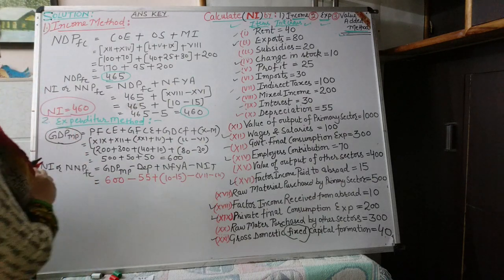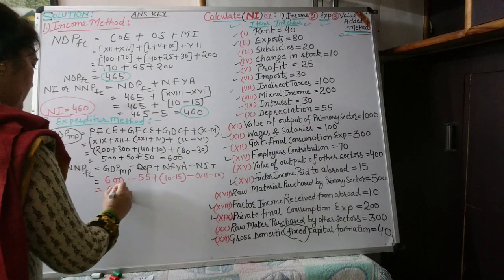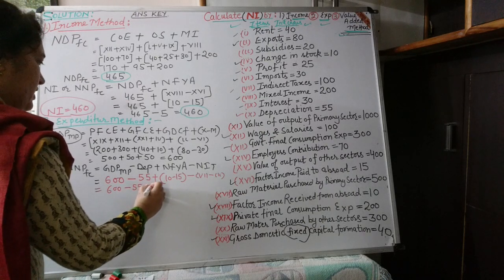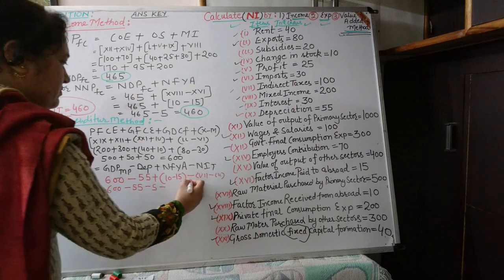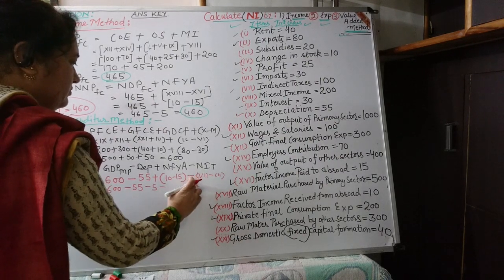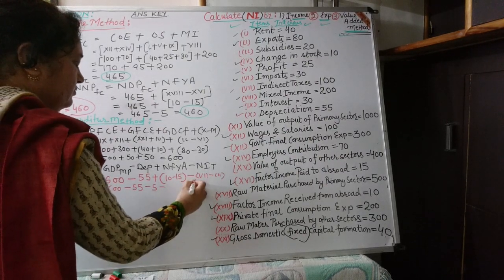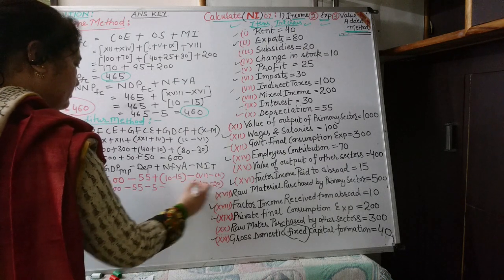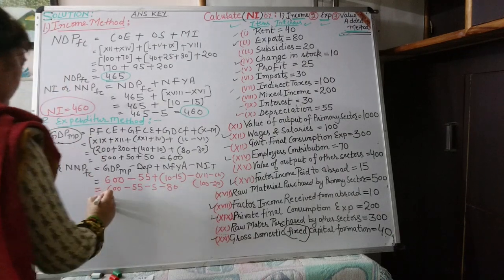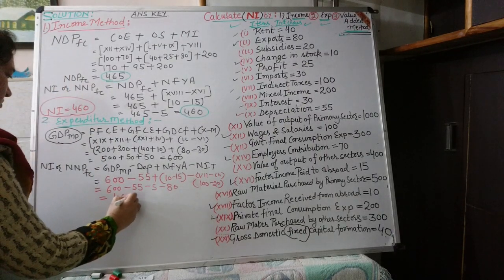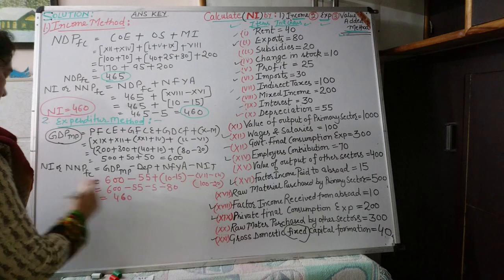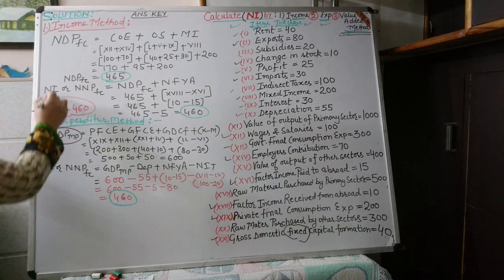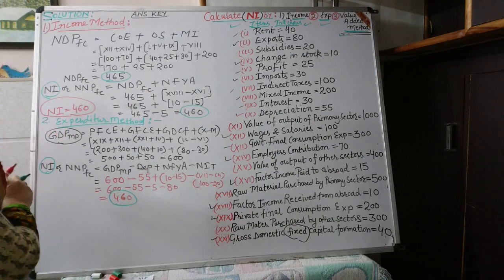And the values will be 600 minus 55 minus 5 minus 700 minus 20 minus 80. The answer is 460. So the value of national income by expenditure method is 460.